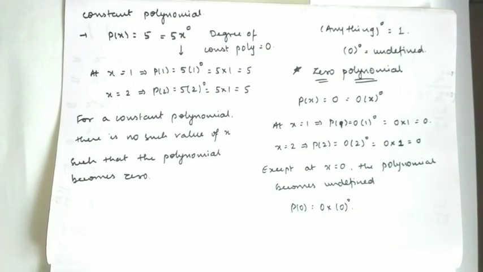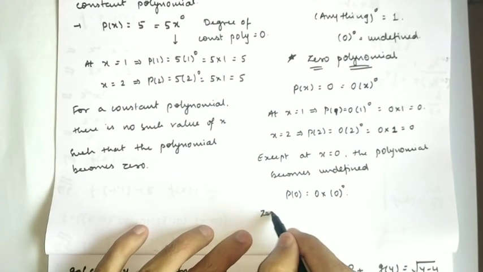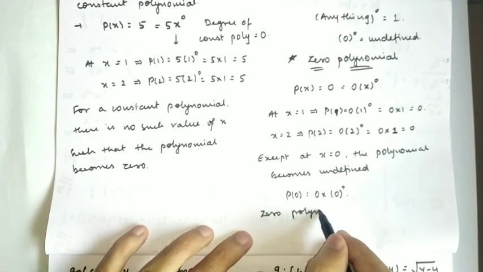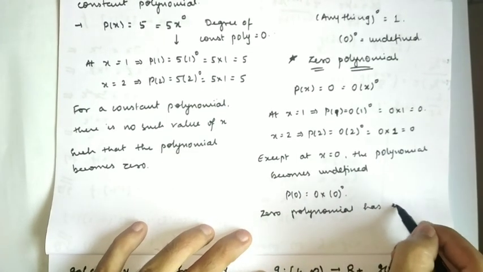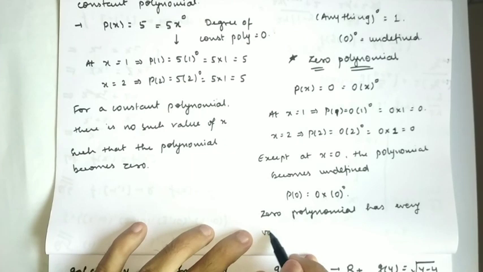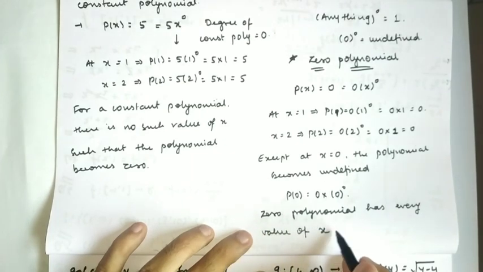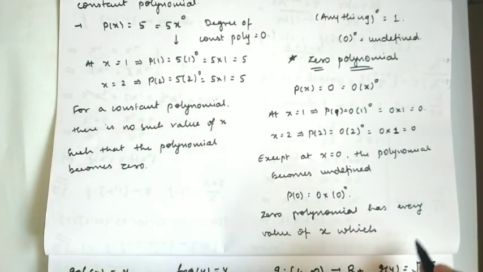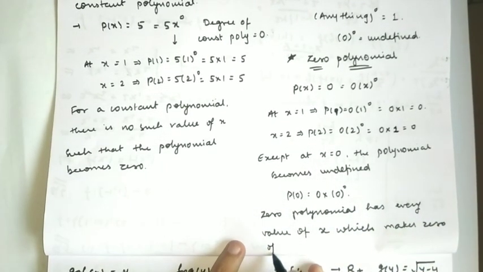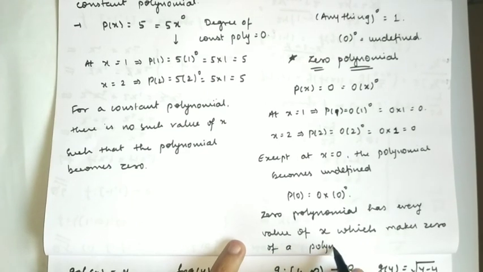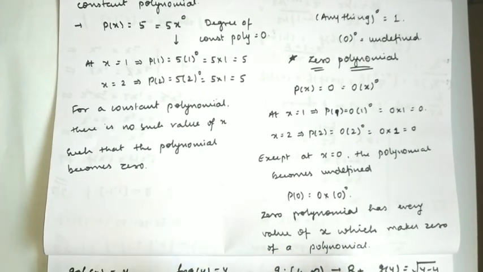So the zero polynomial has every value of x which makes it 0 of a polynomial. Whatever the value of x I put, it will always give me 0.